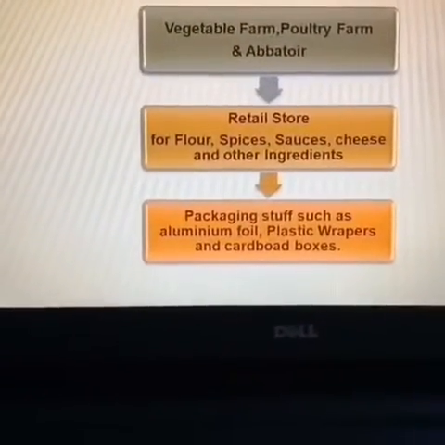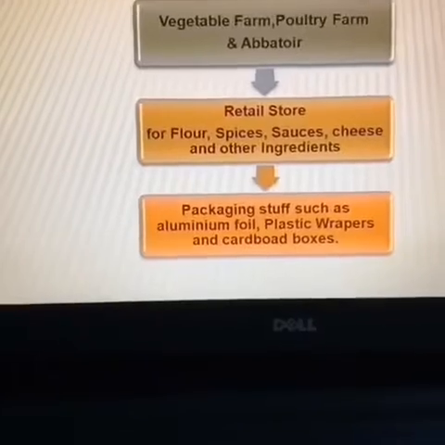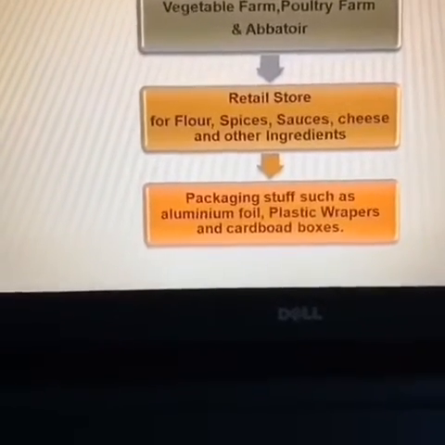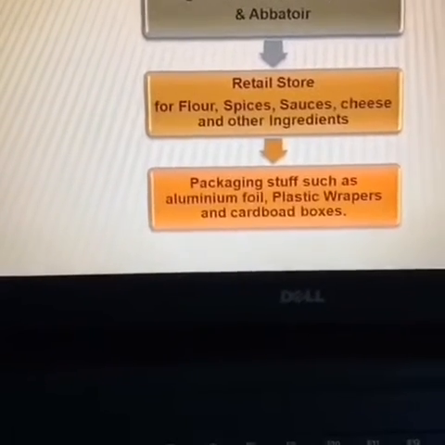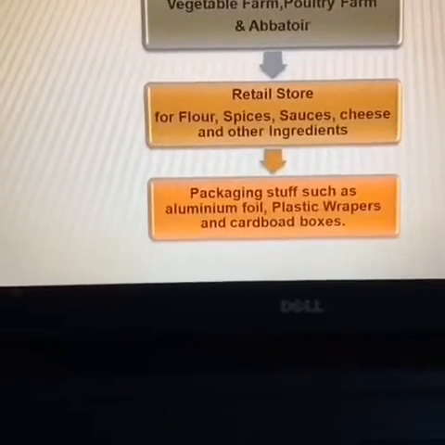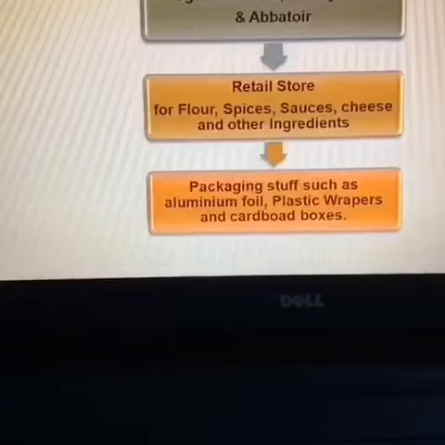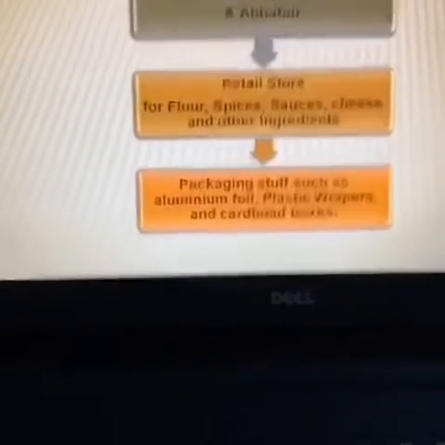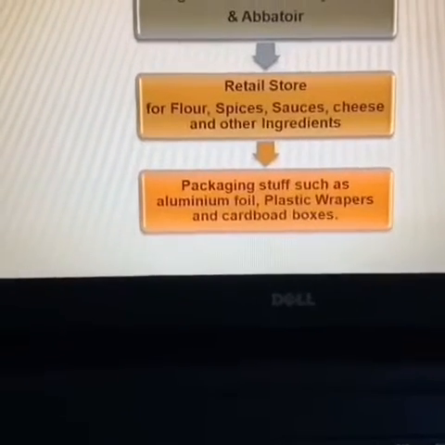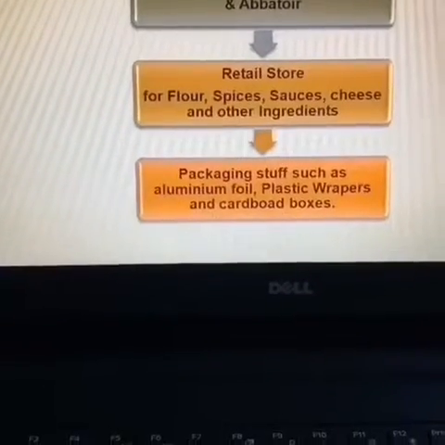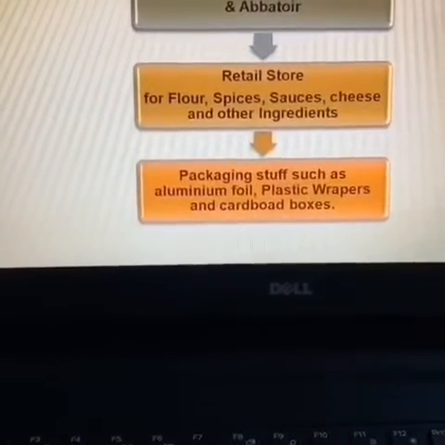As I have discussed the ingredients required, we will now look at the flowchart of the supply chain, from where we are going to get all the ingredients. Let's talk about the producers. We are going to procure vegetables and meat from poultry farms, vegetable farms, and abattoirs.